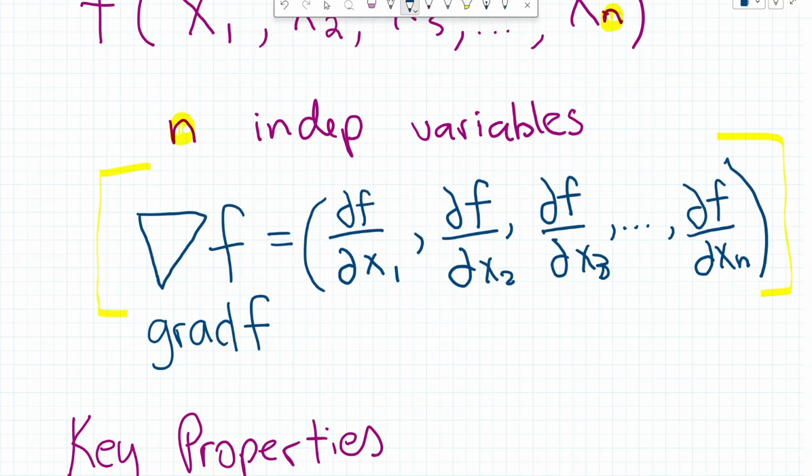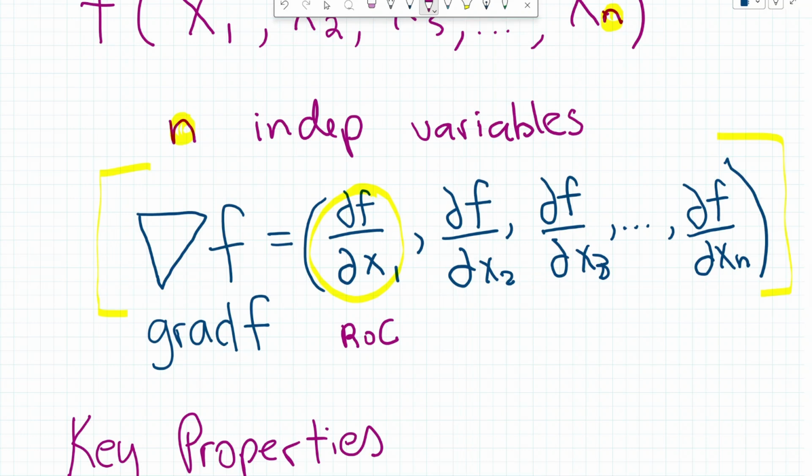So now let's understand a little bit deeper what this means. Each component of the gradient, so if we're looking at each partial derivative, corresponds to the rate of change of the function with respect to that variable. Again, that's the rate of change with respect to that specific variable.